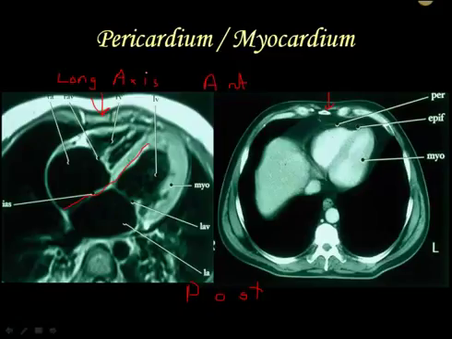They are the ones that are leading these, they're the ones that are ordering these. They want to see things set up in projections that they understand. So it makes sense that you would be consistent from one imaging modality to the other with regards to these different planes. So you have a long axis plane here. There's also a short axis, and we're going to be talking about that as well.